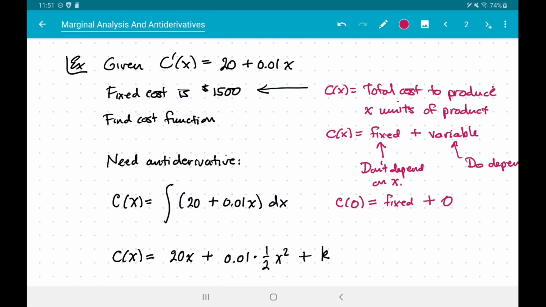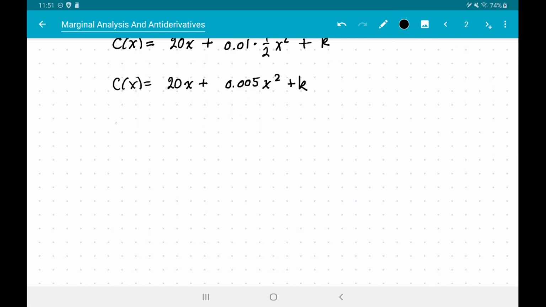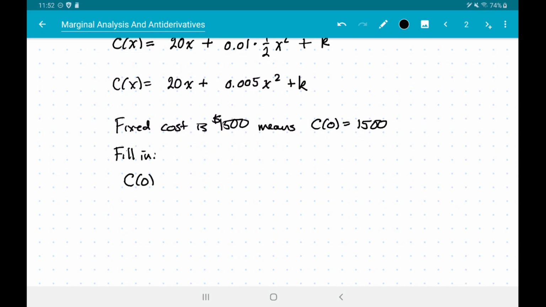So again, the fixed cost information is telling us C of 0. So fixed cost is $1,500 means C of 0 equals 1,500. So let's fill that in. On the one hand, C of 0 should be 20 times 0 plus 0.005 times 0 squared plus k, but C of 0 is also equal to 1,500.